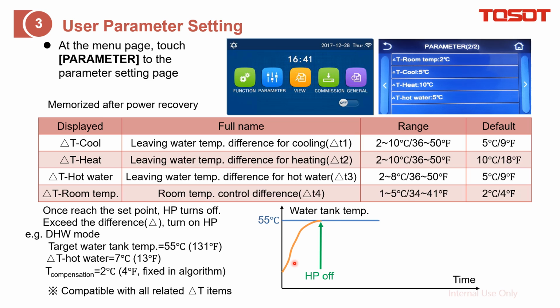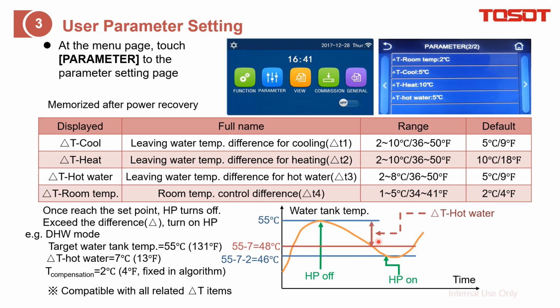And actually, it will go down to 46 degrees to turn on again and then heat up the DHW. And here is what we call the delta T hot water.